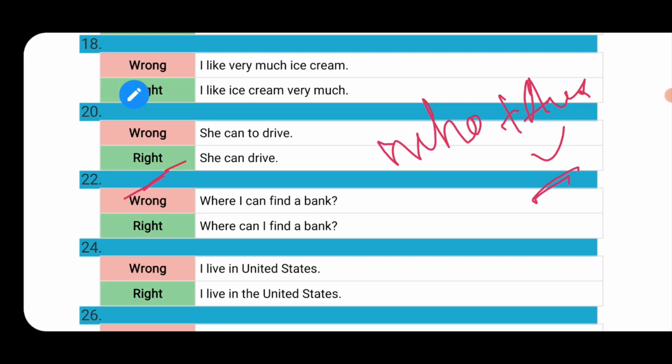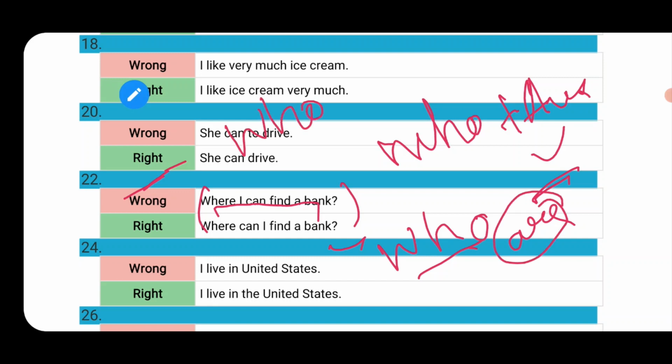Listen: Where I can find a bank, this is not a correct statement. It is wrong. Where can I find a book? This is the correct answer. Because whenever we use an interrogative pronoun, we use the auxiliary verb right after the interrogative pronoun. For example, Who are you? There we used are. Whom do you want? We used do.